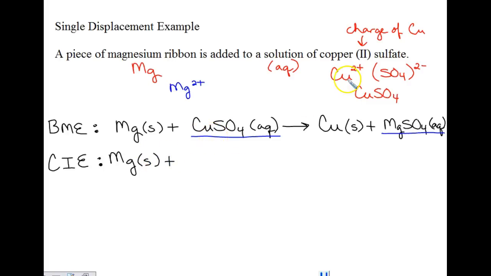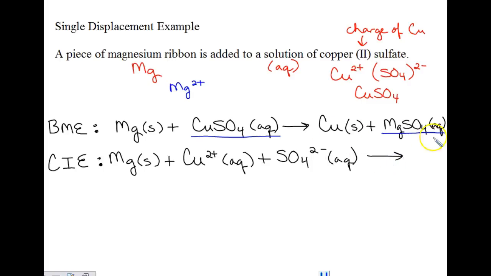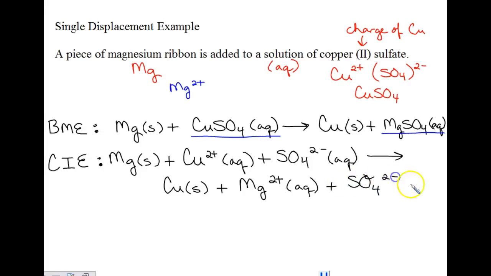The copper has a positive 2 charge as an ion, so I'm going to reflect that to show that it's a separate aqueous ion. And our sulfate ion. And go to the next line for our products. We've got our solid copper, and then our aqueous magnesium ion, and our aqueous sulfate ion.